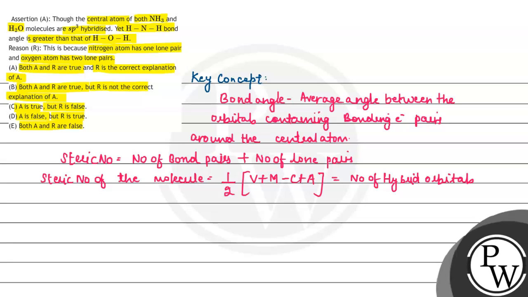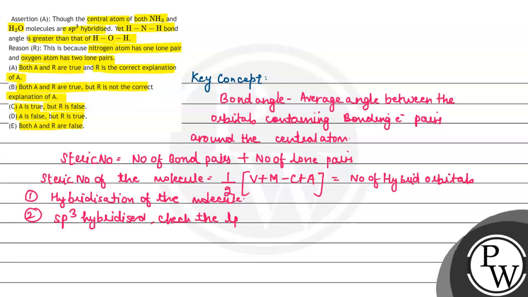So for calculating the bond angle, we have a few steps. First, we find the hybridization of the molecule. We get hybridization from the steric number, the number of hybrid orbitals, and then classify them. Secondly, if it is sp3 hybridized, then we check the lone pairs on the central atom.